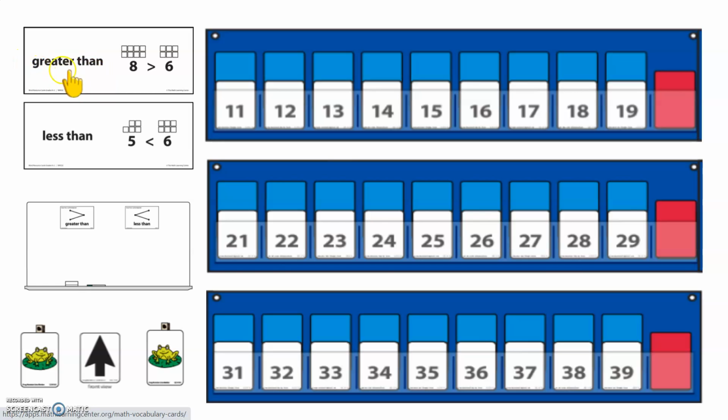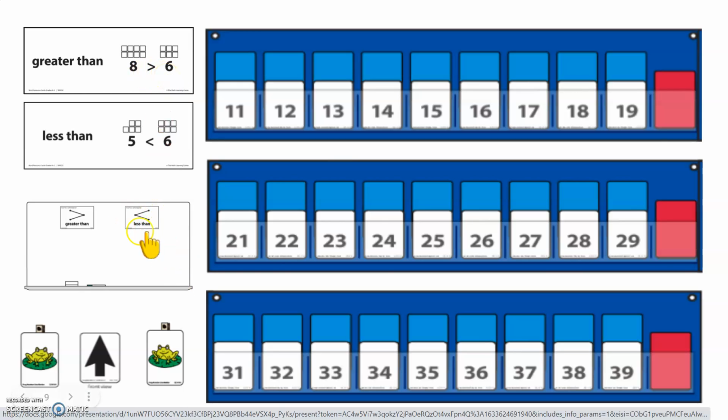And here's an example. Right here, 8, your 8 blocks, is greater than 6. Is that true? Which number is bigger, 8 or 6? You are correct if you said 8 is greater than 6.